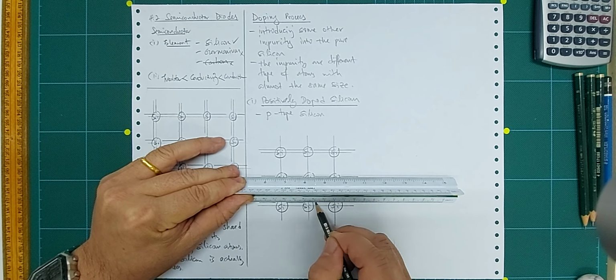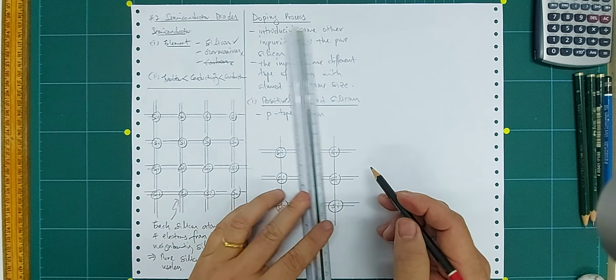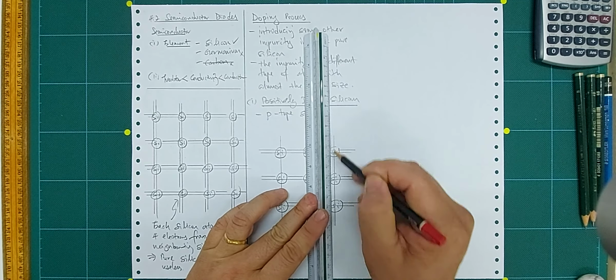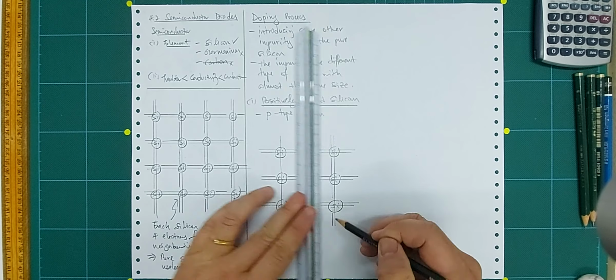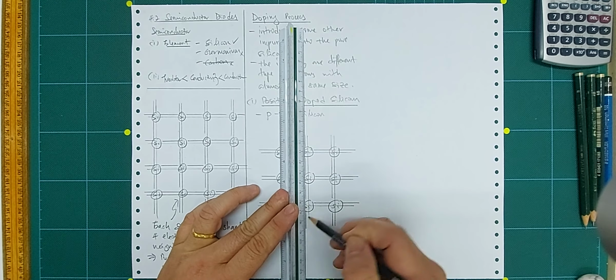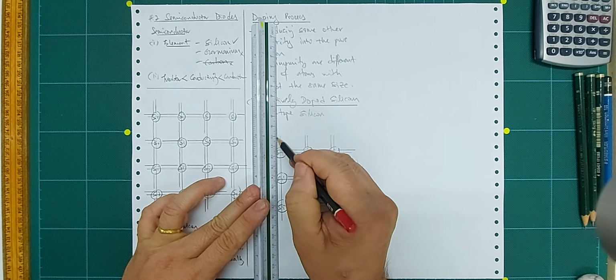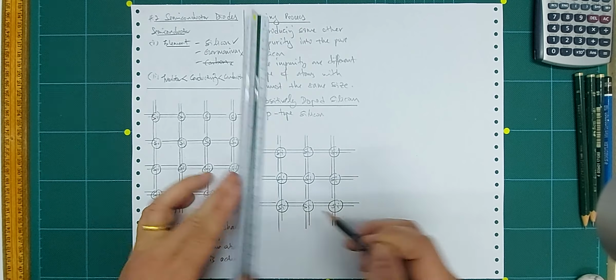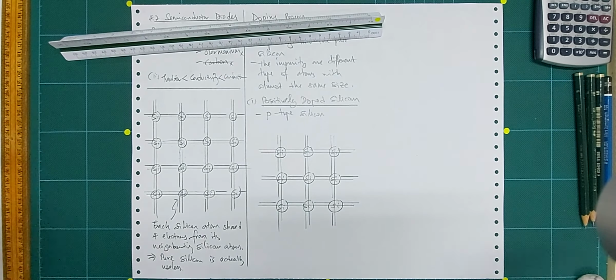All right, so in this drawing, each line represents one of the sharings. Of course the other side here they are also sharing, except we don't draw every atom, we have no time for that. And here also the same thing. Okay, so now they are actually very stable.